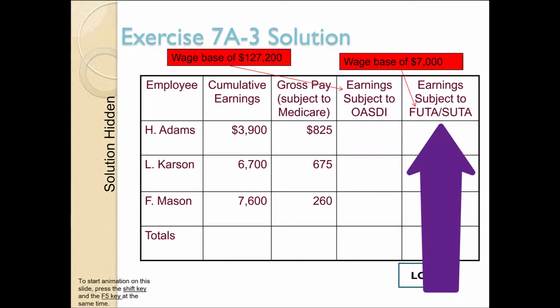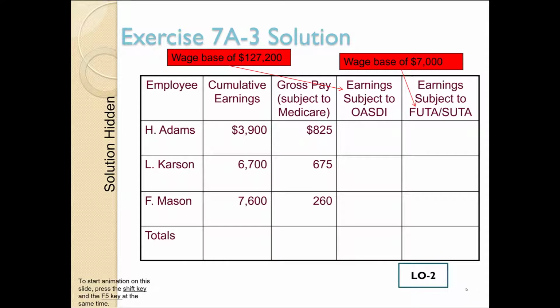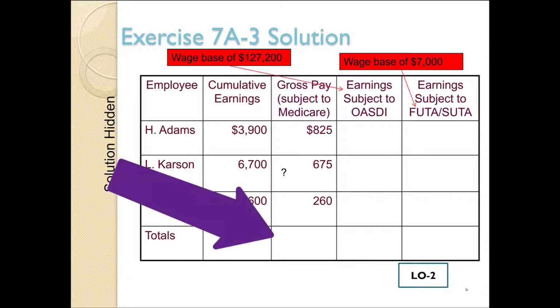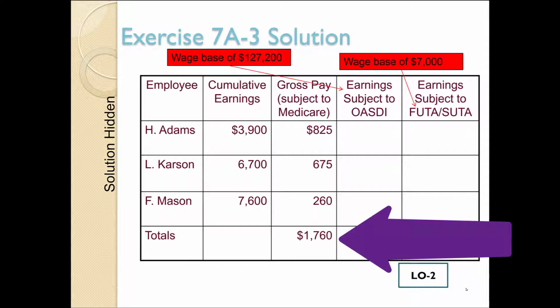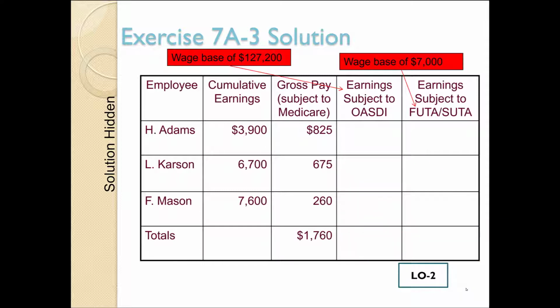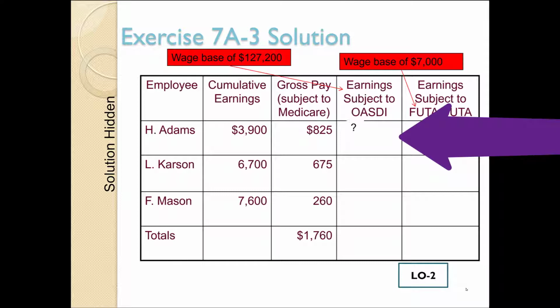The first thing we want to figure out is what is the total amount of gross wages. So adding up 825 plus 675 plus 260, we get $1,760 total gross pay. Next thing we want to do is figure out what are the earnings of Adams that are subject to OASDI.